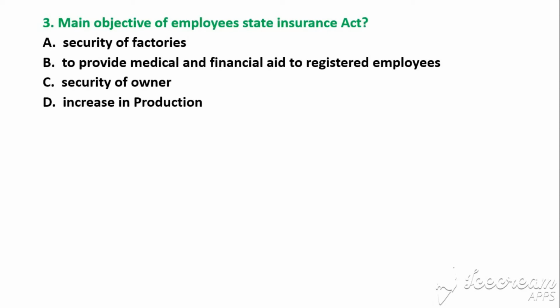It may be right. Let's see the other two options also. Security of owner? No. Increase in production? No. So, option B is right. The main objective of the Employees State Insurance Act is to provide medical and financial aid to registered employees. Option B is right.